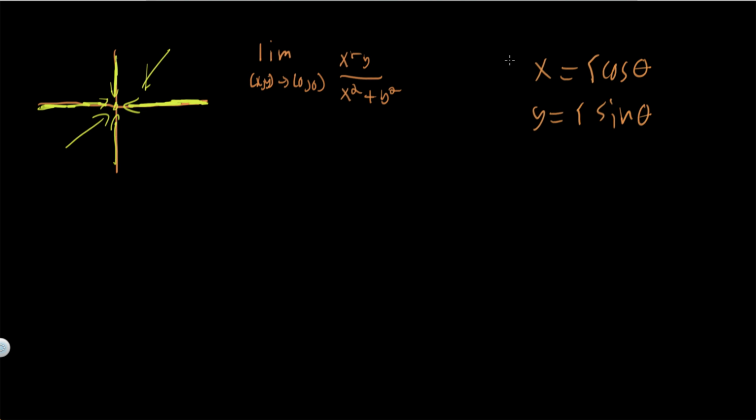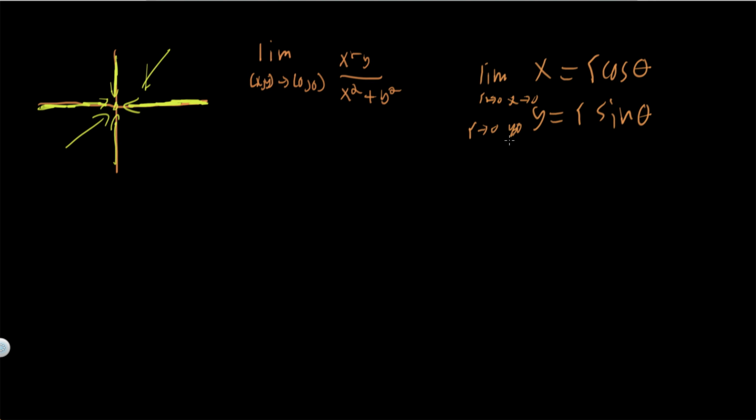Now, we know here that if r goes to 0, it will make x go to 0 as well. So as r goes to 0, x goes to 0 and y goes to 0.